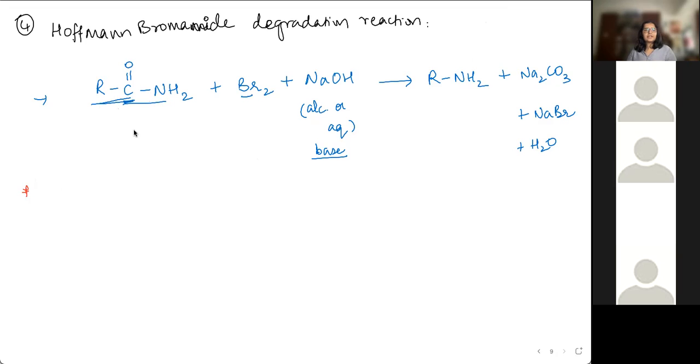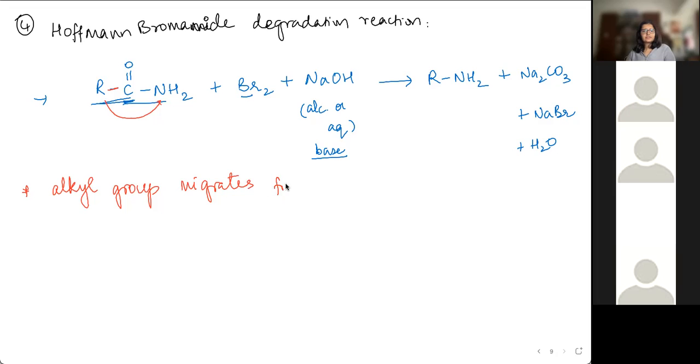Key points about this, like during this process, like in the mechanism, what happens is the alkyl group migrates from carbonyl to nitrogen. So that's how you're getting the amine. So its migration is happening.